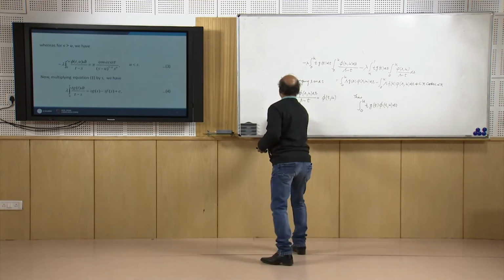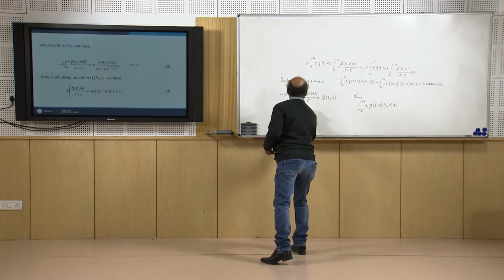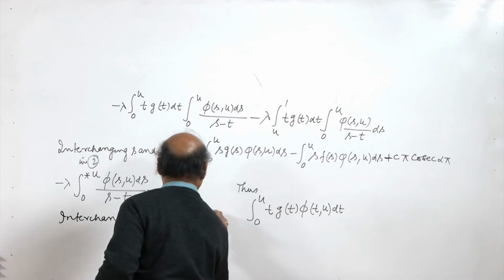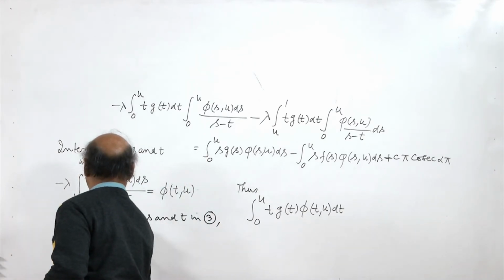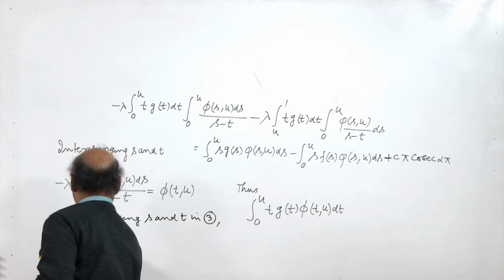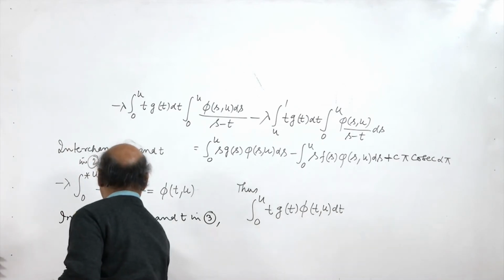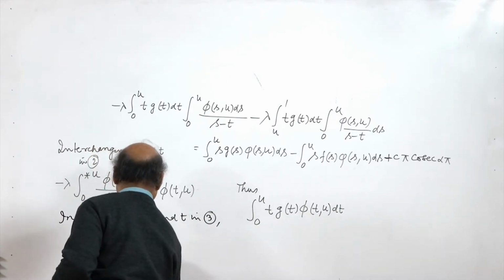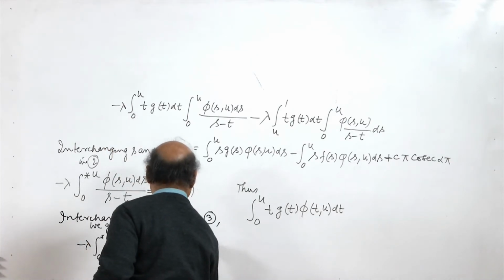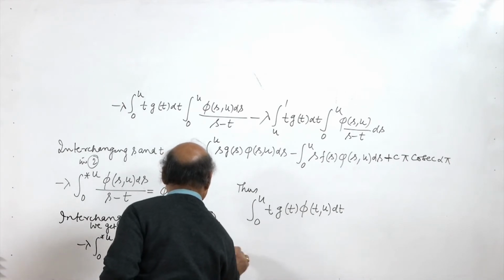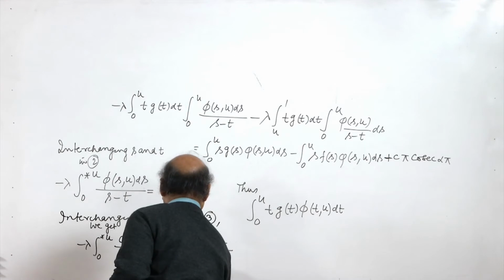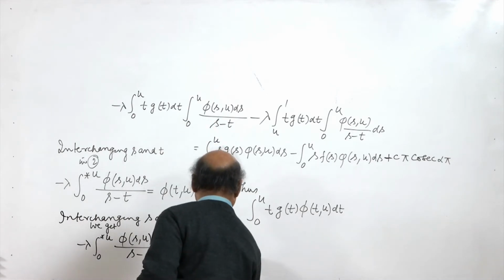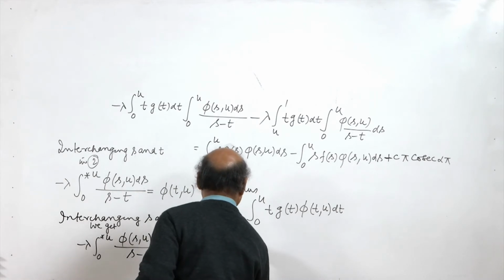So, interchanging s and t in equation 3, we get minus lambda integral phi(s,u) du ds divided by s minus t equal to pi cosec alpha pi divided by s minus u to the power 1 minus alpha, t to the power alpha, where u is less than t.